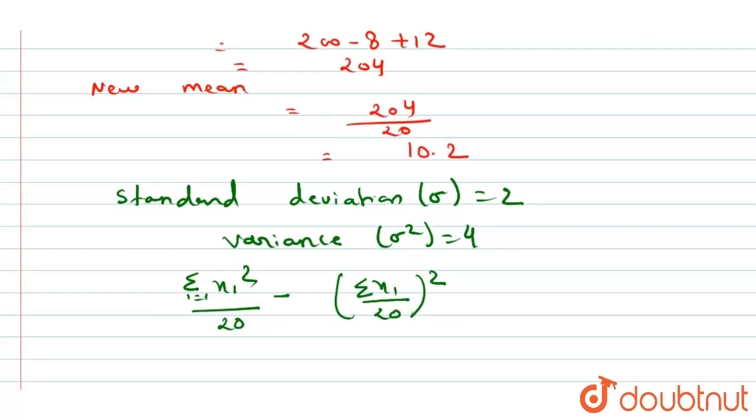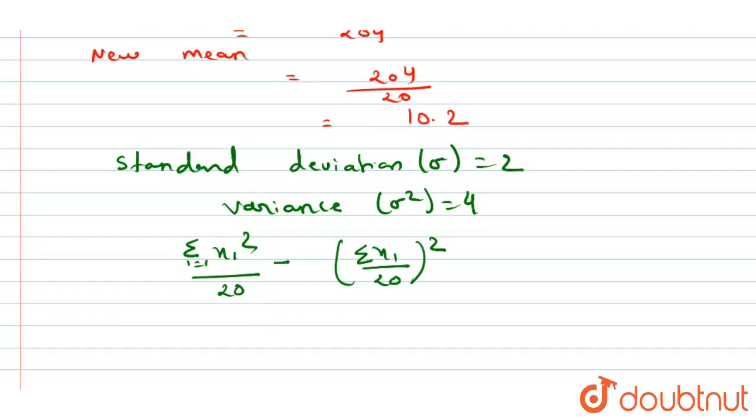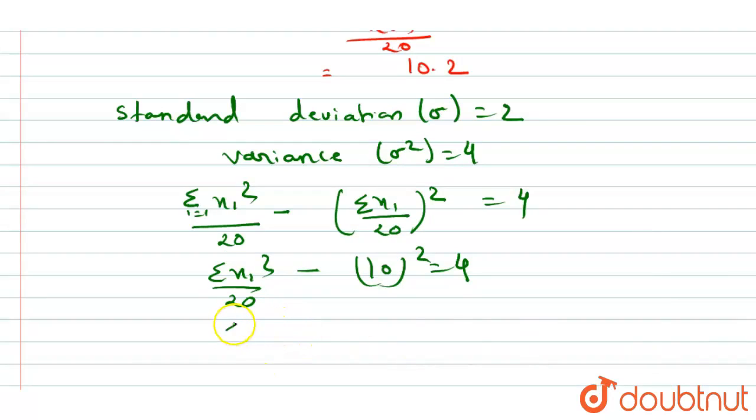Old mean is given to us as 10, so we will write summation xi square upon 20 minus 100 is equal to 4.